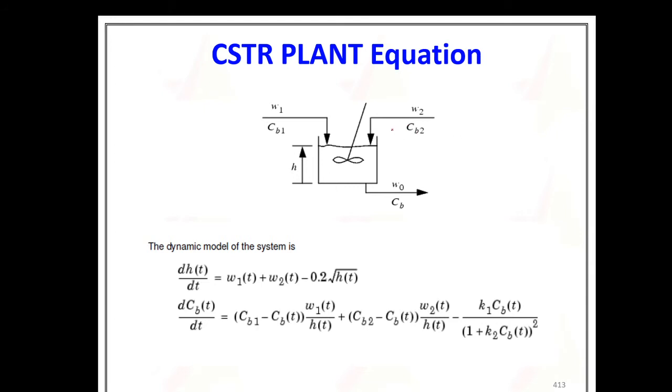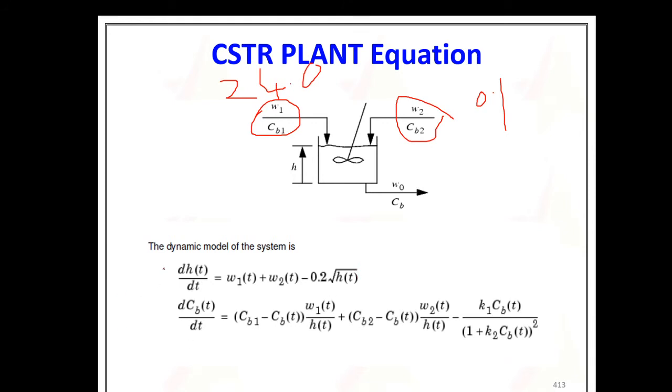The input concentrations are now set: CB1 to 24.1 and CB2 to 0.1, and the constants K1 and K2 are 1. For simplicity I have taken them as 1. This is the dynamic model of the CSTR system.